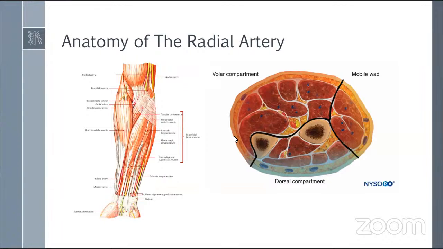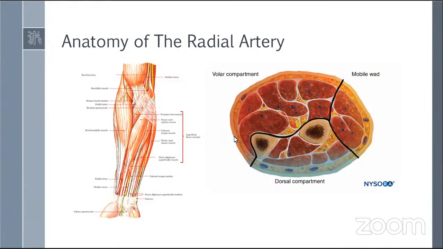Regarding the anatomy of the radial artery, usually the forearm is divided into 3 segments: the proximal, the middle, and the distal. The radial artery is mainly a branch of the brachial artery. It goes between the biceps tendons and the biceps aponeurosis.